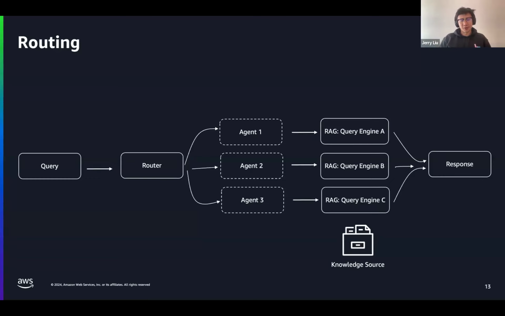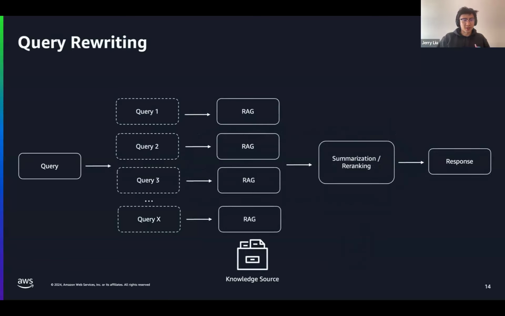The next one is some sort of query rewriting layer or query decomposition. This takes in an input question, and if it's very complex, breaks it down into simpler questions.